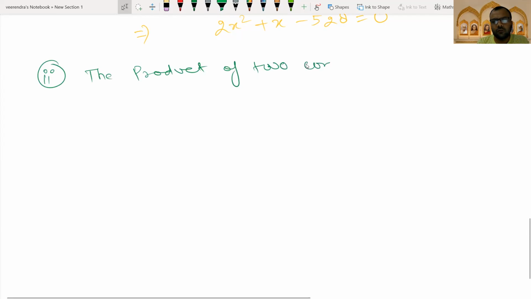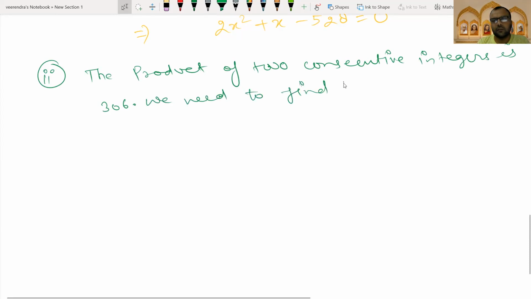We need to find the integers. So we will try to find the representation of this problem in equation form.